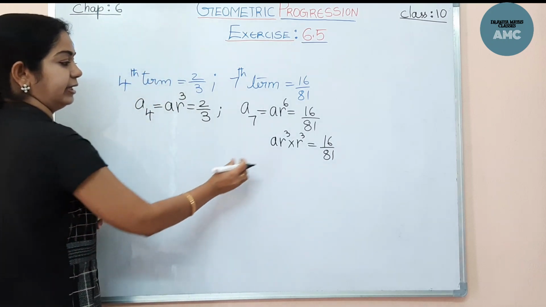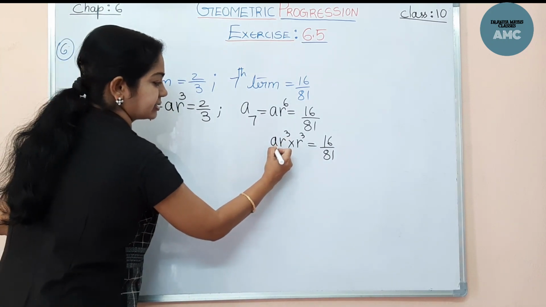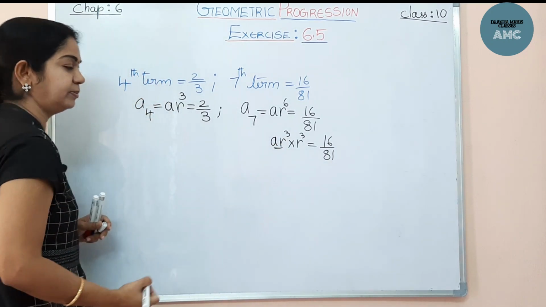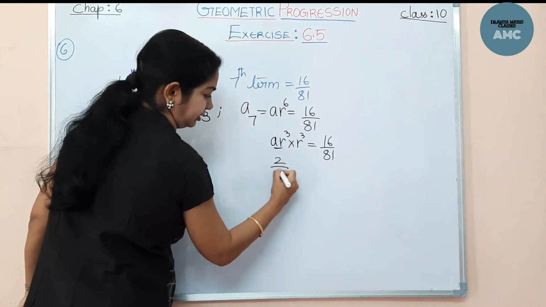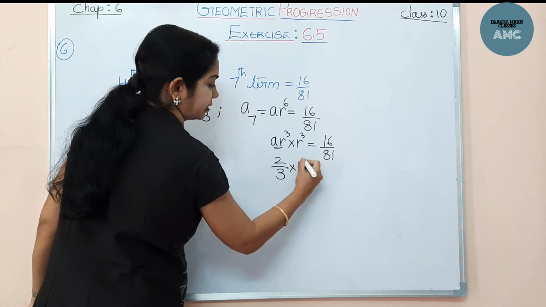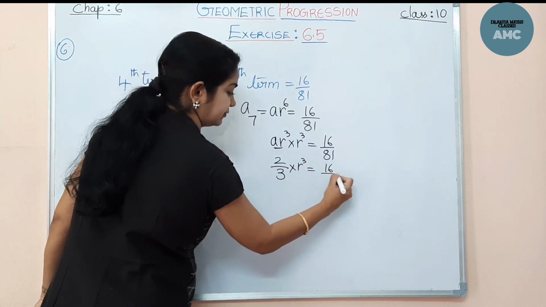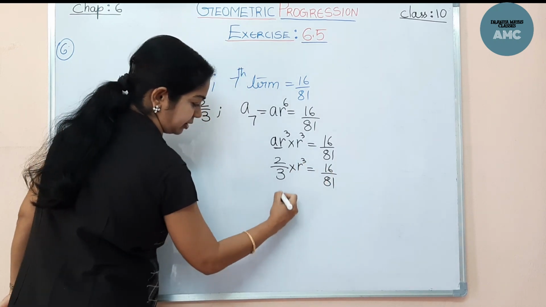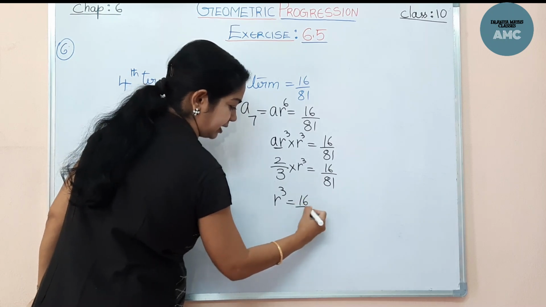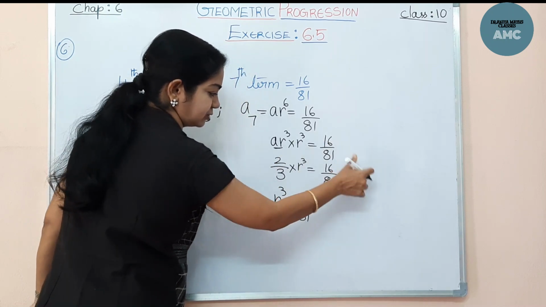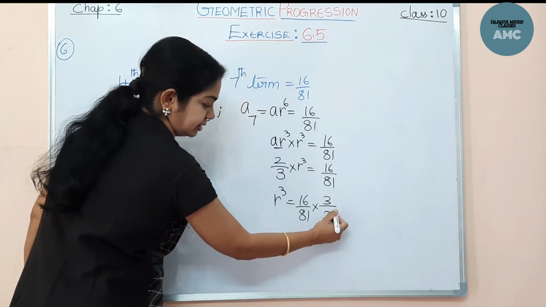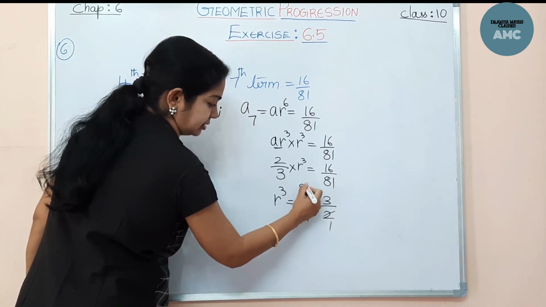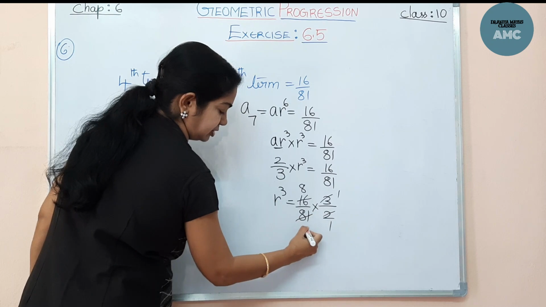Now in place of AR cube, I will substitute 2 by 3 here. 2 by 3 into R cube is 16 by 81. Now here R cube is equal to 16 by 81 divided by 2 by 3. This fraction goes to the other side and becomes the reciprocal, 3 by 2. Now cancel: 2 ones are 2, 2 eights are 16, 3 ones, 3 27s.